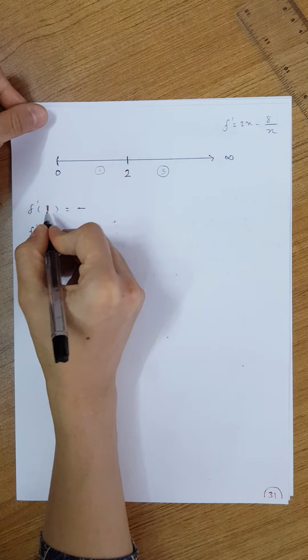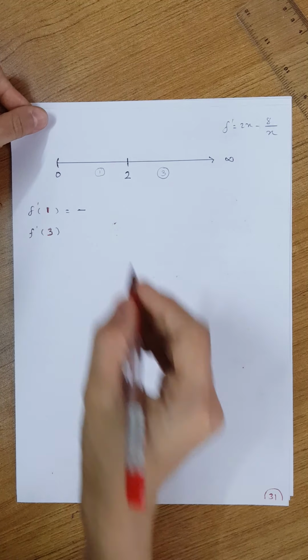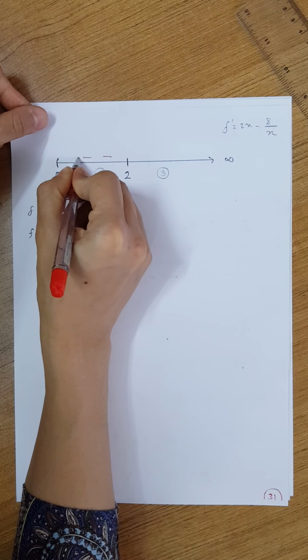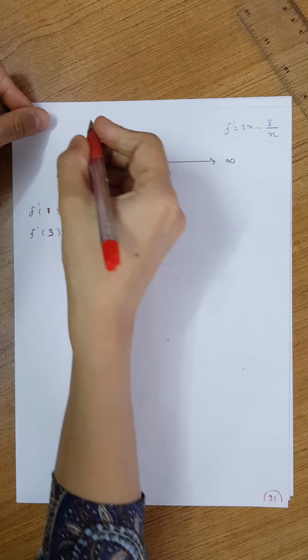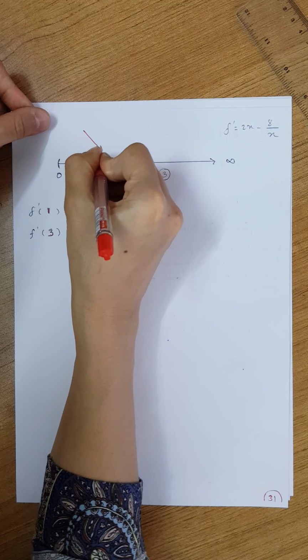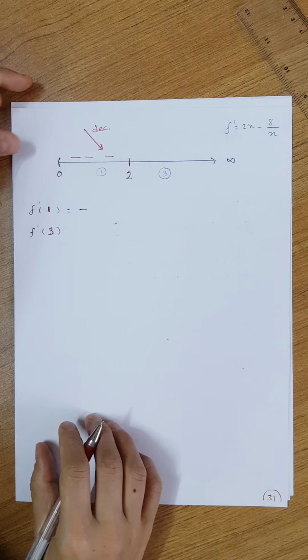As we said, when we put those numbers into the first derivative of the function, we don't care about the value of the function. We just care about the sign, whether it is positive or negative. Since we got negative, we are putting in negative numbers in that interval. What does negative mean? That means the function here is decreasing.